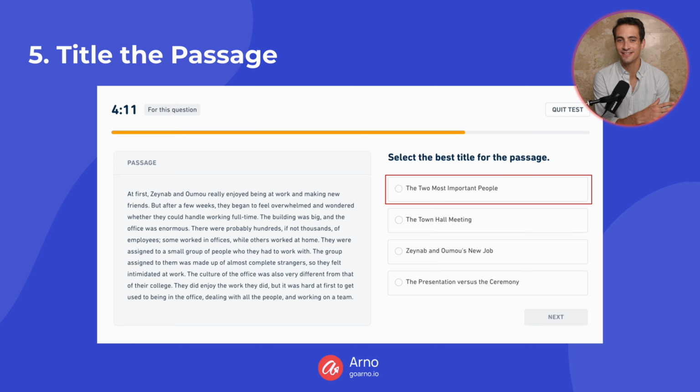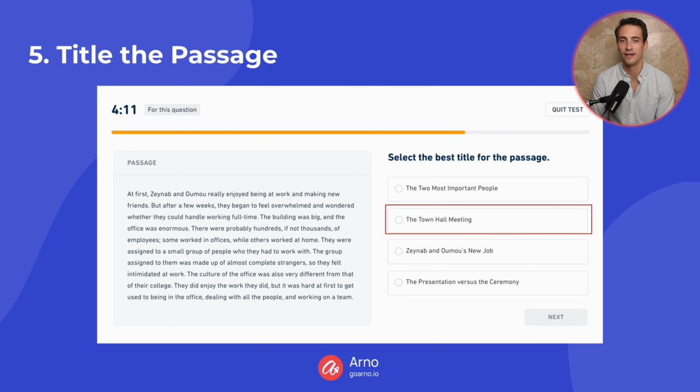No. The passage does not use the word important. It doesn't describe Zainab or Omu being important at all. They are ordinary employees. They are early employees who are having, in fact, a hard time at work. They're not people who are important with power, who are really having a lot of success at the office. So we can eliminate that option.